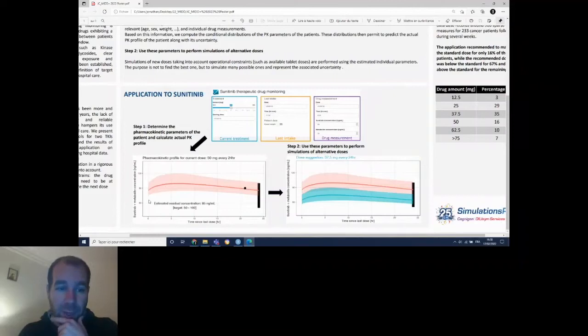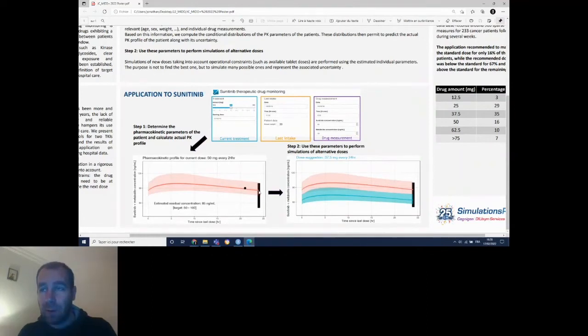So based on that, we're able to draw the median and all the variability across the uncertainty that we have on this patient. So with this measurement, we're able to have this variability of profile. And what we see is that we have an estimated residual concentration corresponding to the sum of the parent and the metabolite that we estimate at 85 nanogram per milliliter.